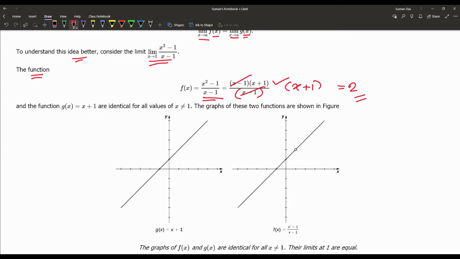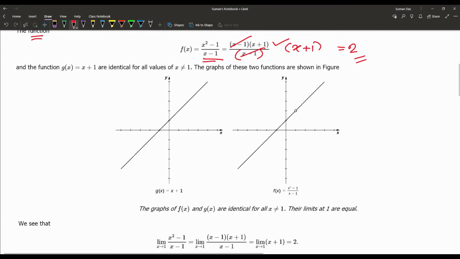Now let's check what is happening according to the graph or figure. g(x) is equal to x plus 1, and that function is identical to f(x) for all values of x not equal to 1. If we look at the function x square minus 1 upon x minus 1, we can check that the graphs of f(x) and g(x) are identical for x not equal to 1.